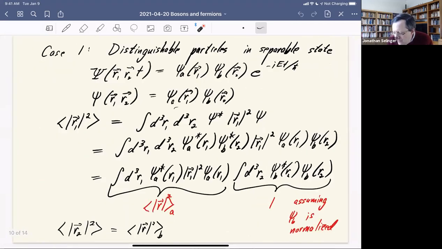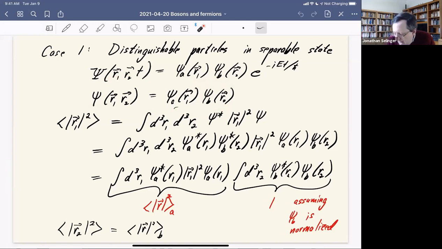We did that first for the case of distinguishable particles, where particle 1 is in state A and particle 2 is in state B, so that the wave function is this product of psi A for particle 1 and psi B for particle 2. Then we can calculate any of these expectation values in this combined state, and we did that.